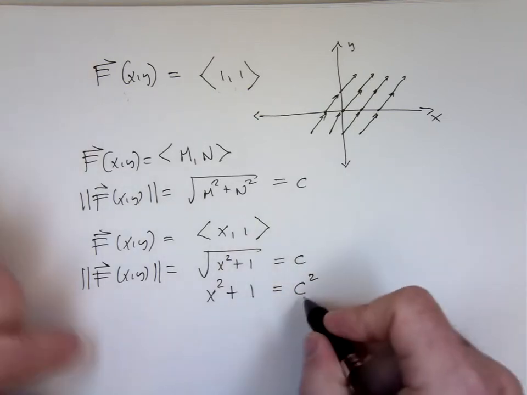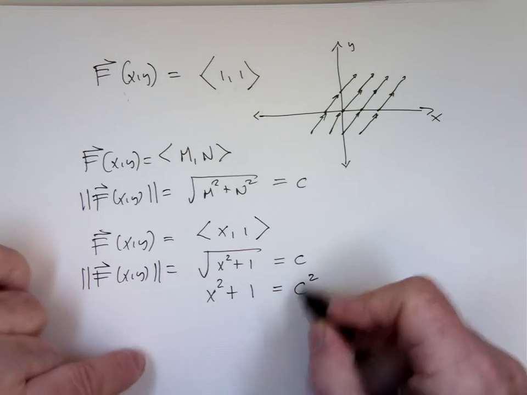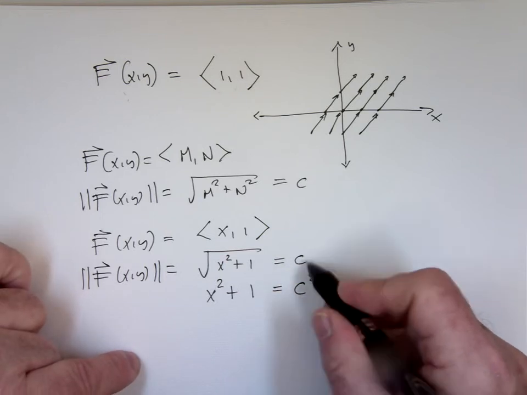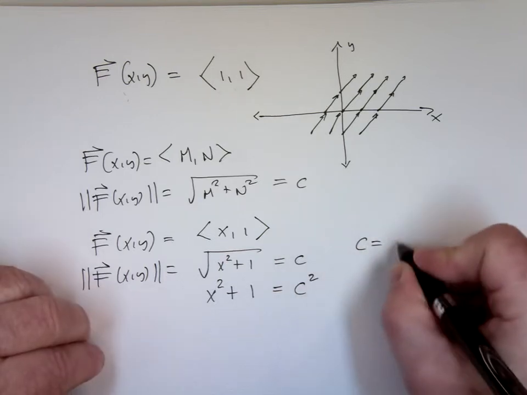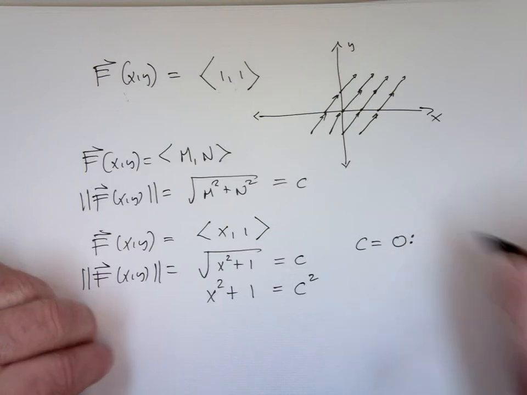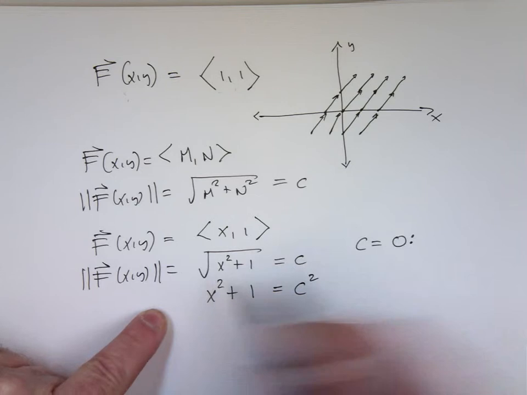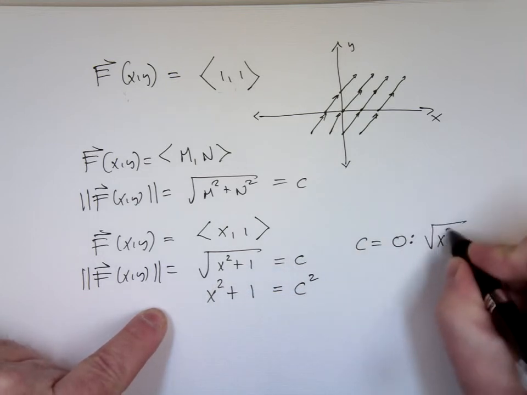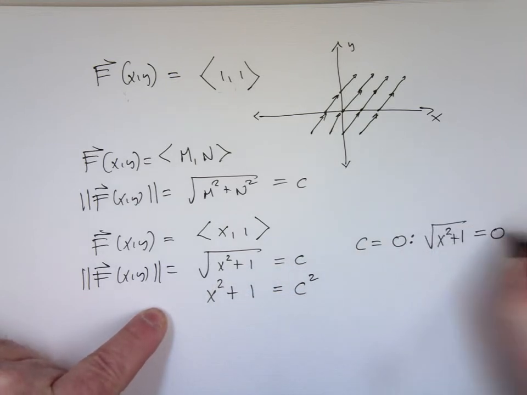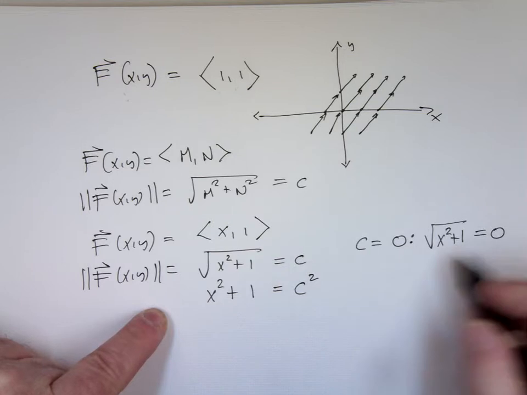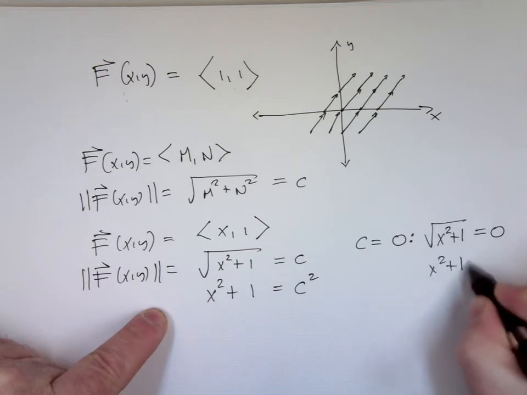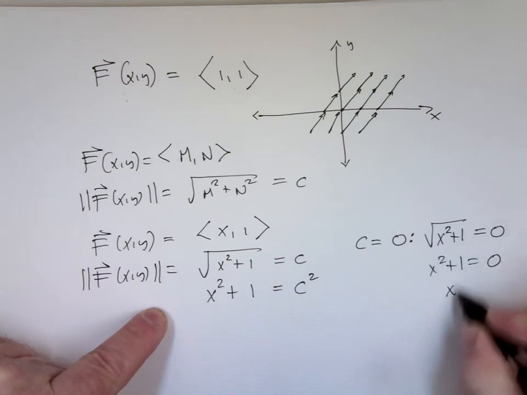Let c equal 0. Start there. What vectors have a magnitude of 0? Well, those vectors where the square root of x squared plus 1 is equal to 0. If you then square both sides, x squared plus 1 equals 0. x squared equals negative 1.